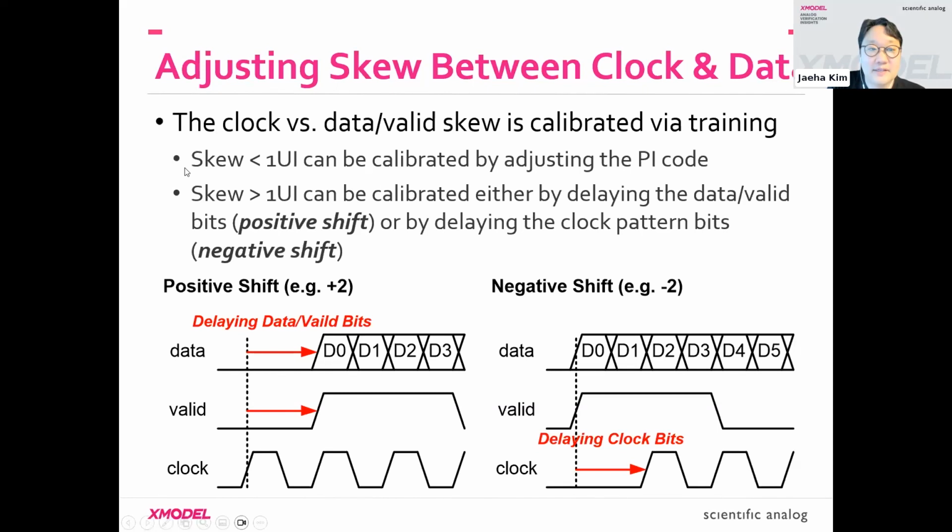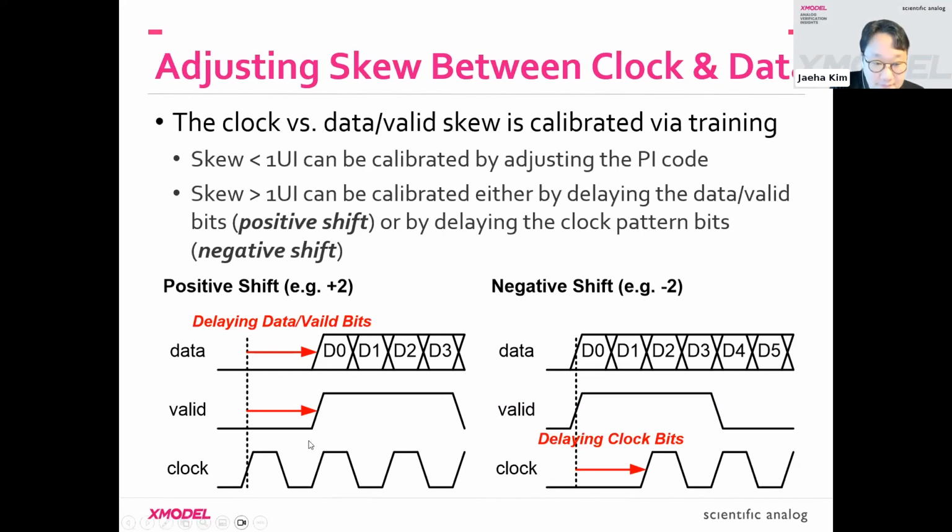Then the problem is that with our phase interpolator, we can only adjust skew within one UI. So how do we adjust skew that's longer than one UI? We need to get some help from the FIFO. That is, we need to shift the bits that we're going to transmit so that it creates the effect of making additional delay in units of UI.